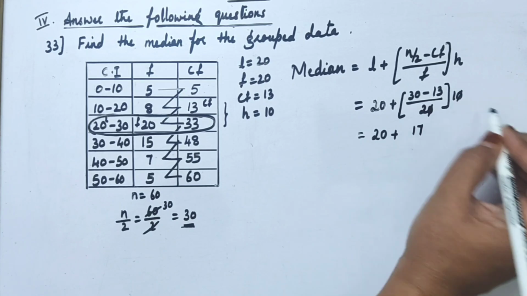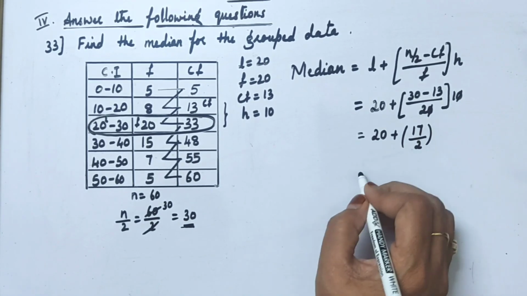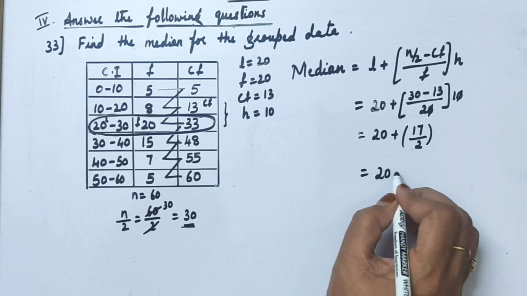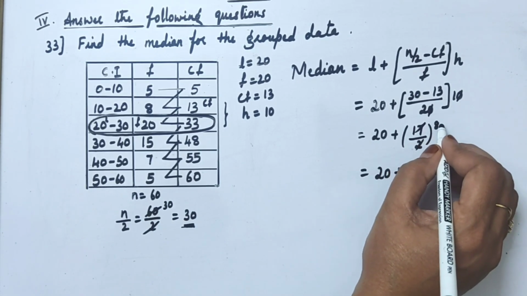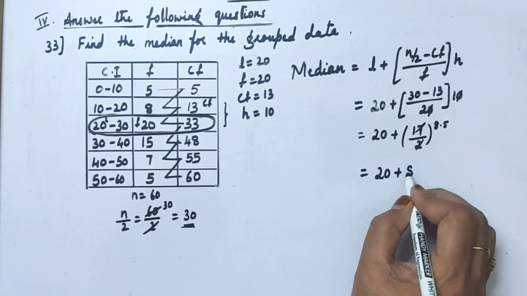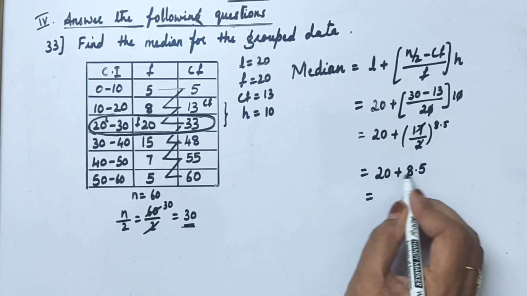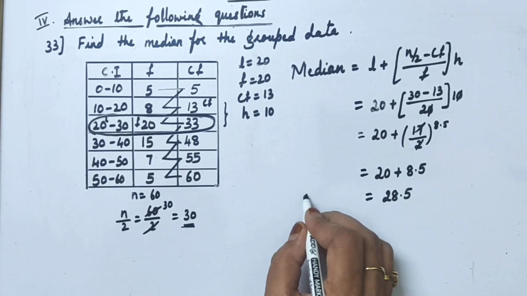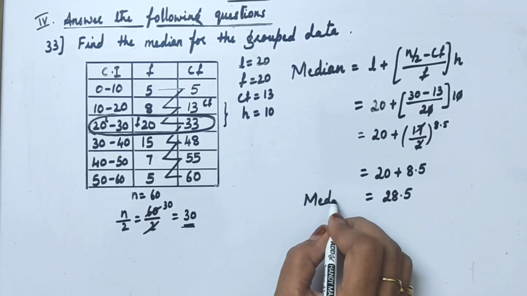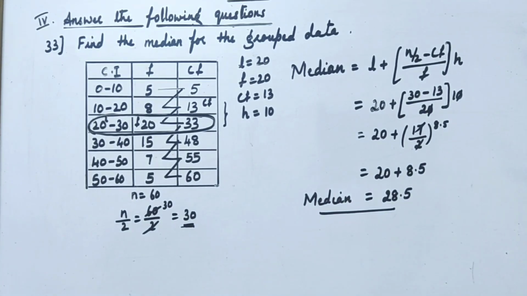Now 0 0 you can directly cancel. 17 upon 2 you're going to get, students, equals 20 plus 8.5 after dividing this. 20 plus 8.5 is 28.5, the median of this grouped data. Hope this is clear, students.